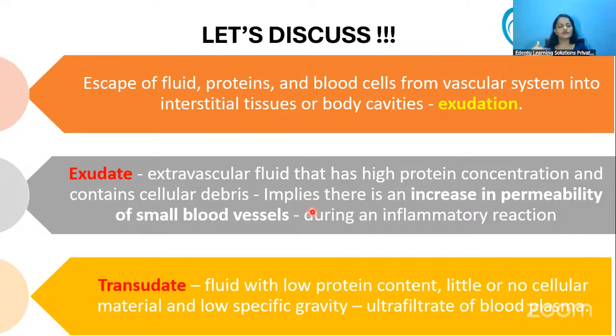If the fluid outside in the interstitial tissue has low protein content, no cellular material and low specific gravity, then that is considered a transudate. A transudate is more like an ultrafiltrate of blood plasma. That is the main difference between exudate and transudate.